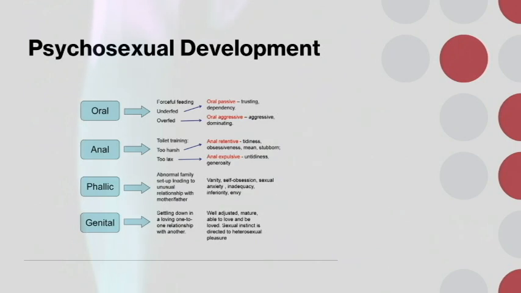Here Freud would say this is the last stage of psychosexual development, where the genital stage marks the onset of mature sexual interest in relationships, with a focus, he would argue, on heterosexual pleasure. And so, for example, individuals seek intimate relationships and strive for sexual fulfillment within the context of mutually satisfying partnerships.